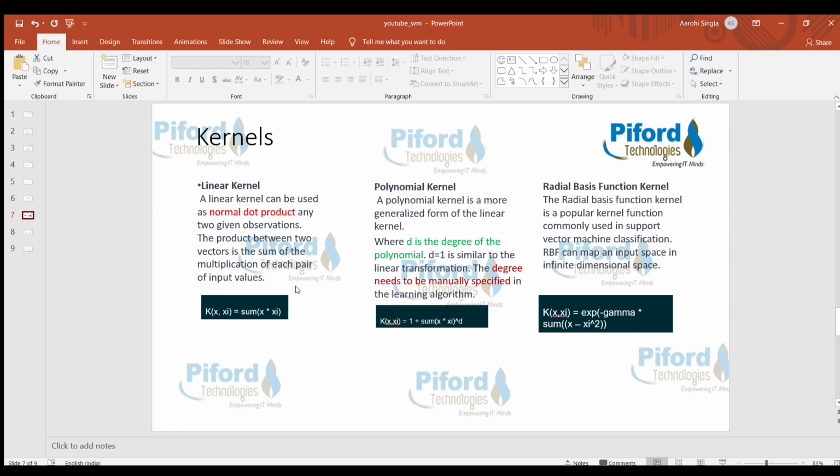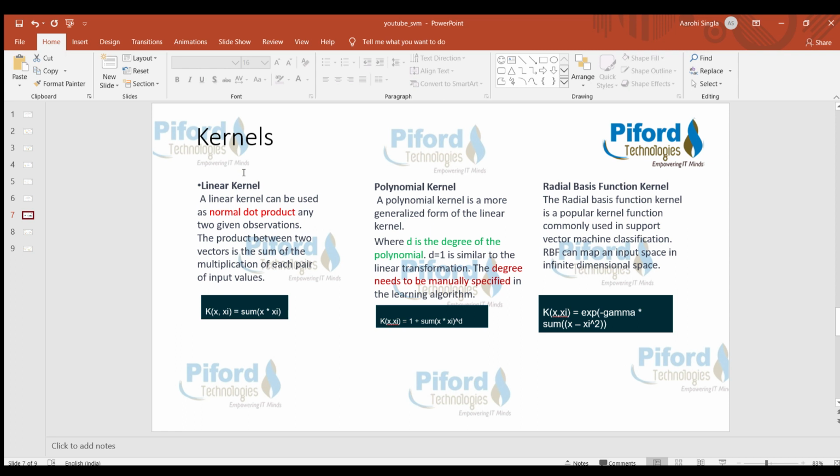And how can we do that? By using different kinds of kernels. We have the linear kernel, polynomial kernel, radial basis function kernel, and the sigmoid kernel. There are various kernels, and by using them we can convert non-separable, non-linear data into separable, that is linear, data.